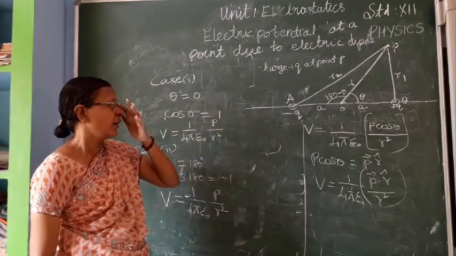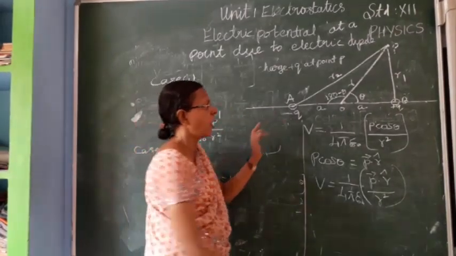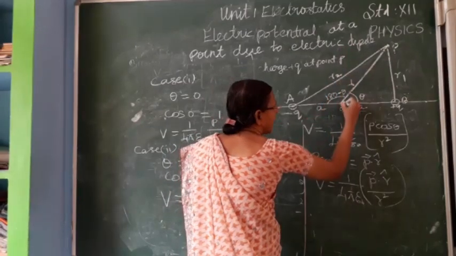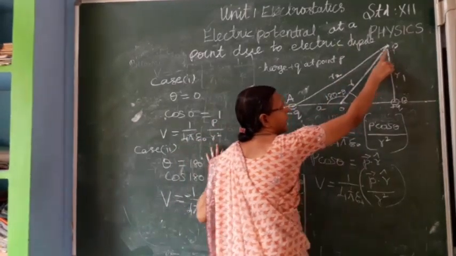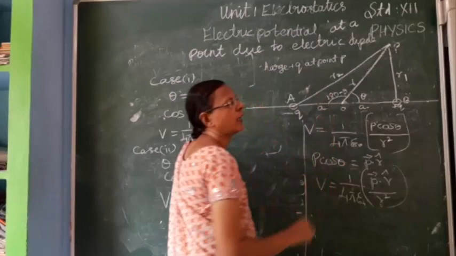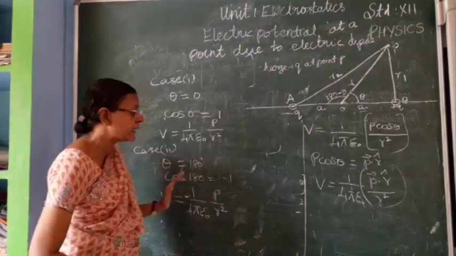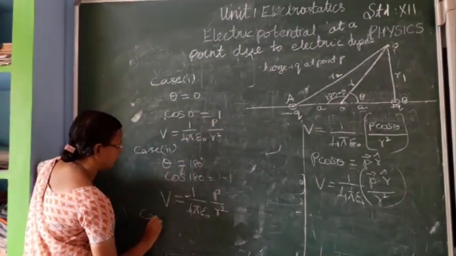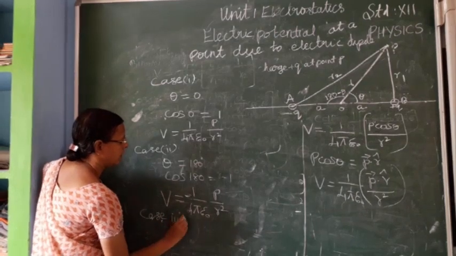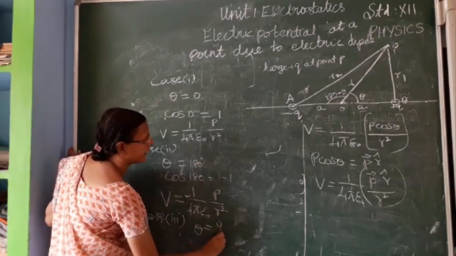If the point P is in the equatorial line, what will happen? In case 3, theta is equal to 90 degrees.